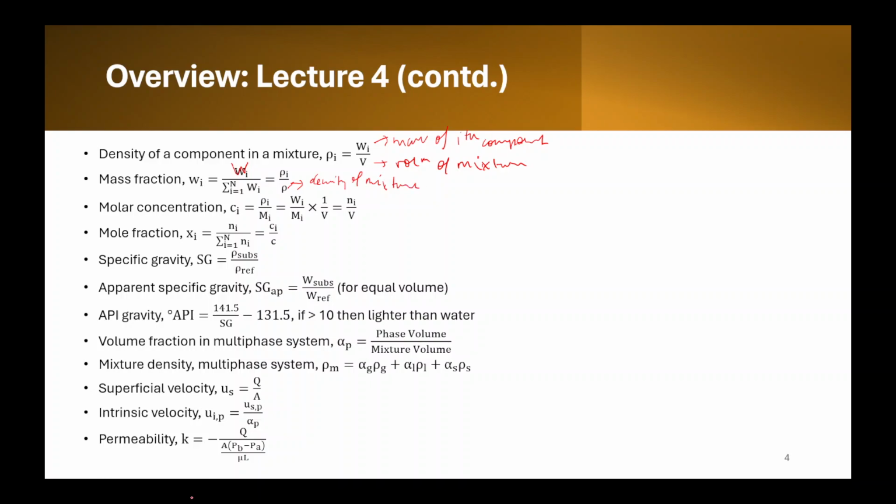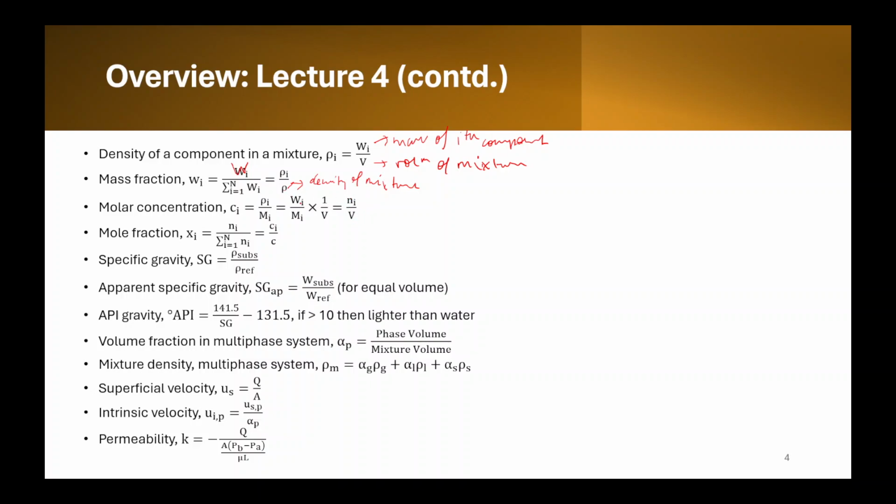Molar concentration or mole density is denoted by C_i, and it is given by rho_i, the density of the ith component, upon the molecular weight of the ith component, M_i. How this comes about is that molar concentration is the moles of the ith component upon the volume of the mixture.